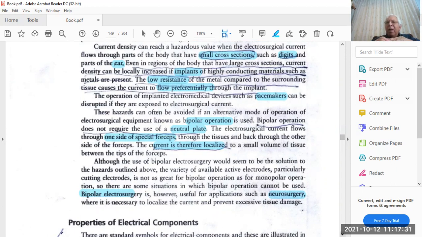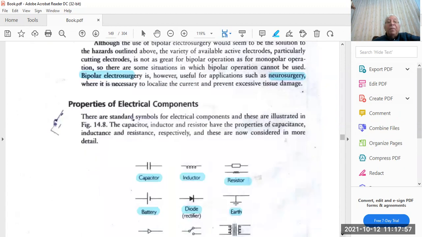At the same time, it can be used with a patient having an artificial pacemaker. The main advantage of it is that it is precise. This is why we use it in neurosurgery, so that we can be precise at the site and will not injure the nearby structures.